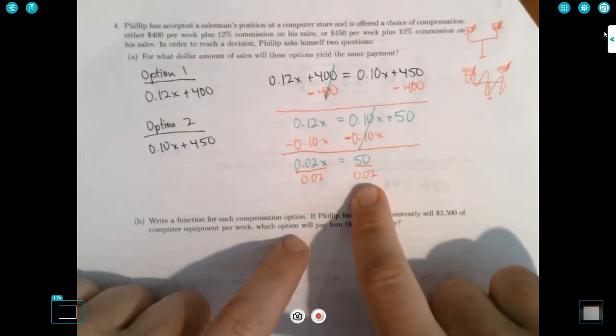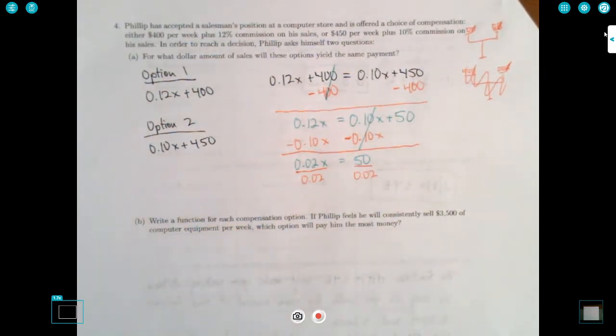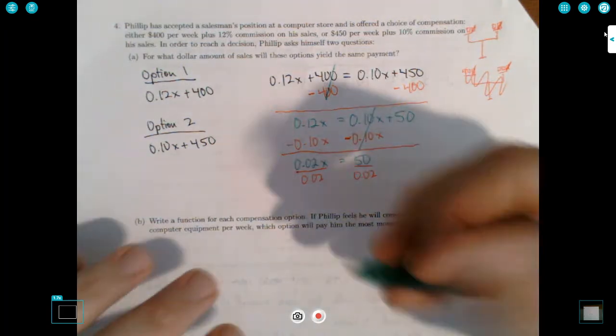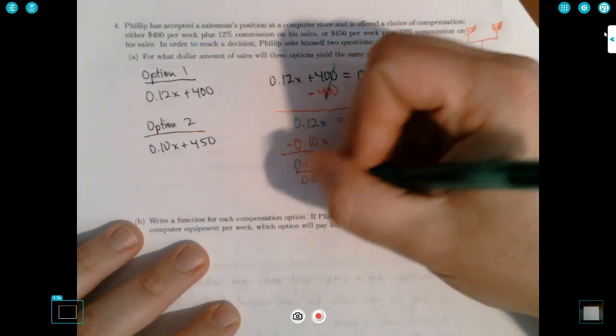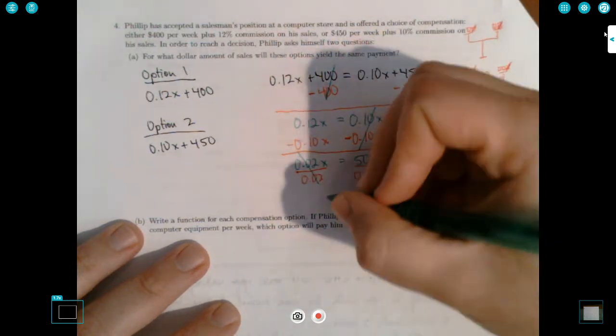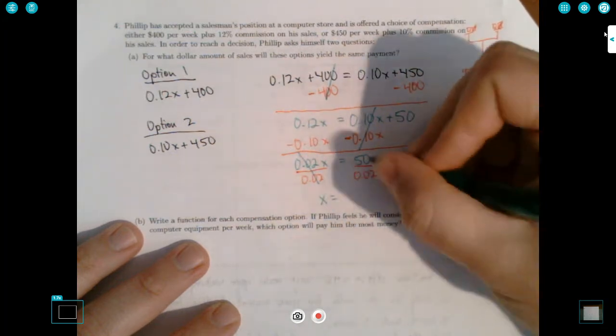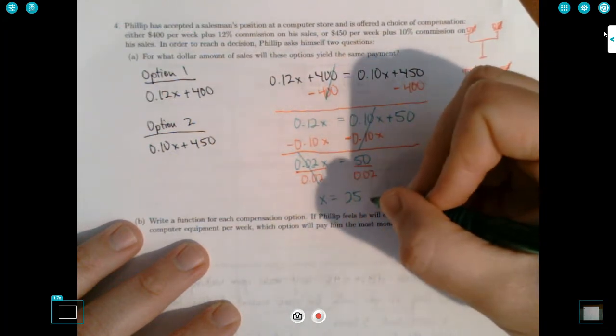And then just use your calculator to figure out what this is. So 50 divided by 0.02. Just punch that into your calculator. You should get 2,500. So here 0.02 times something divided by 0.02, those are just going to cancel. I'm going to get x equals 2,500.